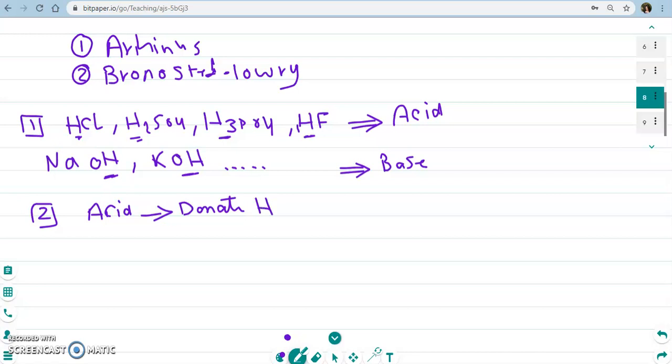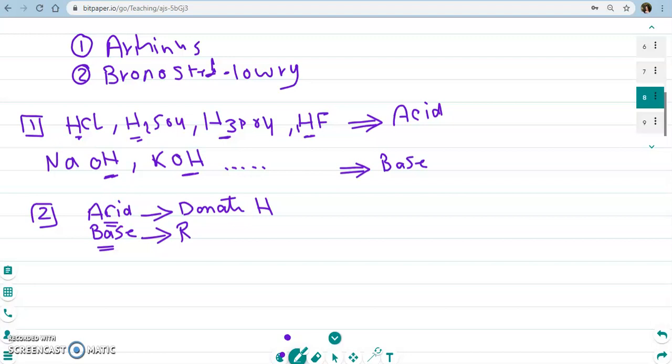So any molecule in a reaction that donates a hydrogen is considered an acid. Any molecule that receives this hydrogen is basically a base.